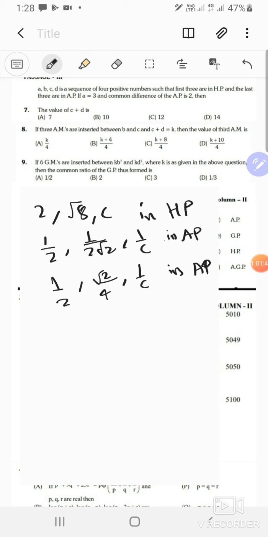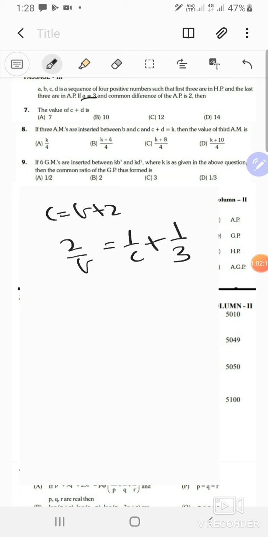Okay, fine. So you get 2 upon b equals 1 upon c plus 1 upon 3 in this case, which means 2 upon b equals 1 upon (b plus 2) plus 1 upon 3. That's going to be quadratic, I guess. That is 3 plus b plus 2, which is 5 plus b upon 3 into (b plus 2). So that gives 6 into (b plus 2) equals 5b plus b squared.